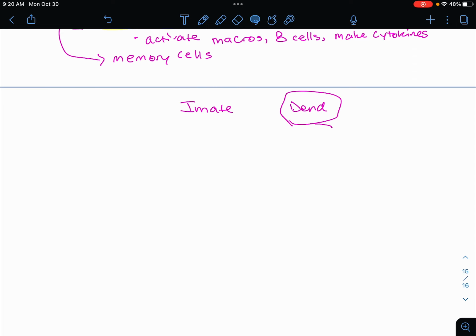Let me move this over so we have more room. We're going to activate the T cells that bind antigens representing danger. So we're going to have a naive helper as well as a naive cytotoxic T cell.